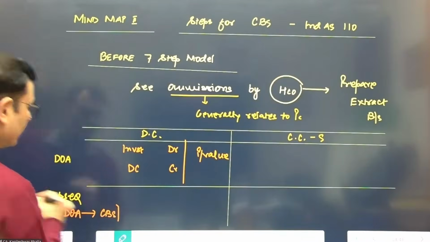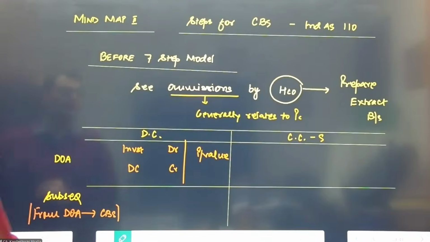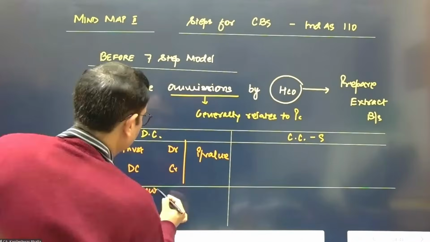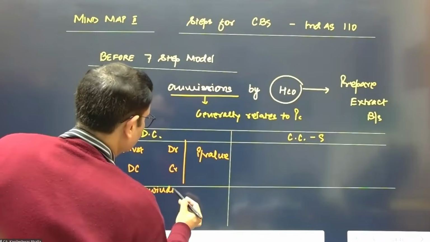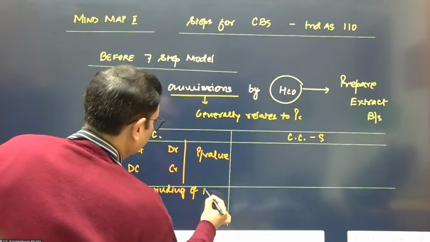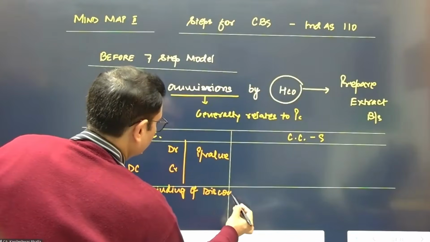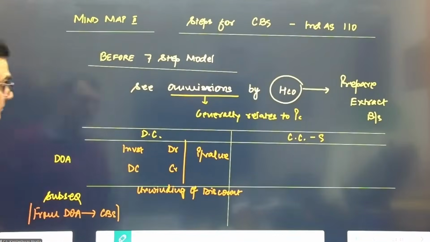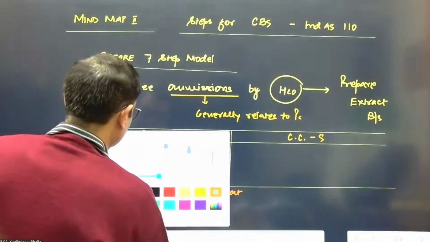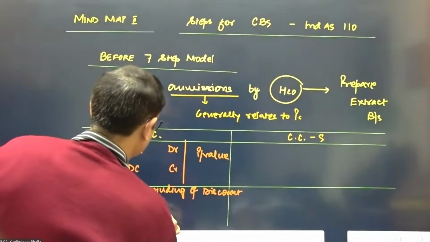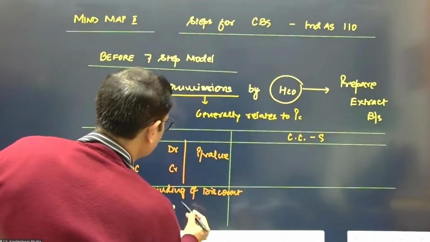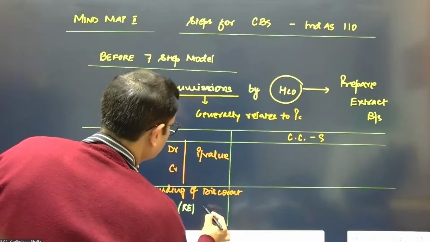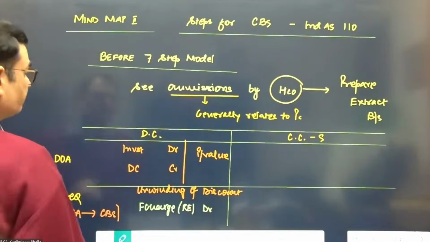Unwinding of interest. Absolutely correct. So we need to basically go in for unwinding of discount. So UOD is going to be the focus point. And for this, you need to put the entries. Finance charge gets a debit and DC gets a credit. Rather, you'll take the entry retained earnings gets a debit.